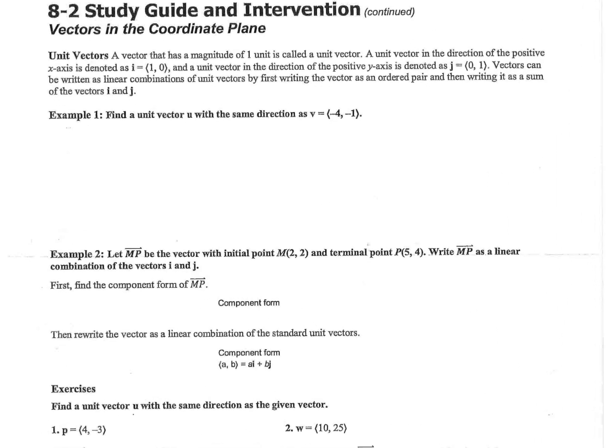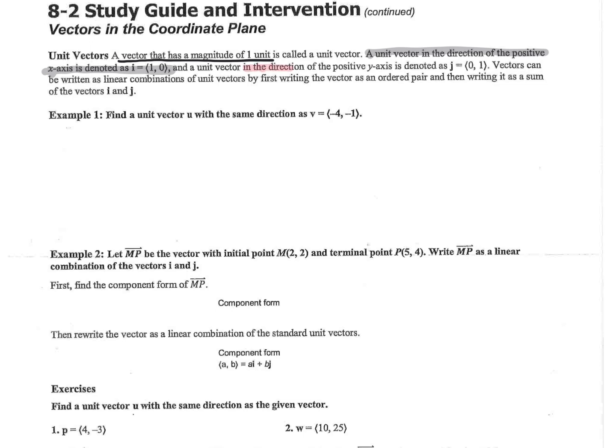All right. What is a unit vector? Remember we said a unit vector is a vector that has a magnitude of 1 unit. Kind of like the unit circle, right? Radius of 1. So how do we find a unit vector? First things first, in the direction of the positive x-axis, it's 1, 0, because it's just on the x-axis.